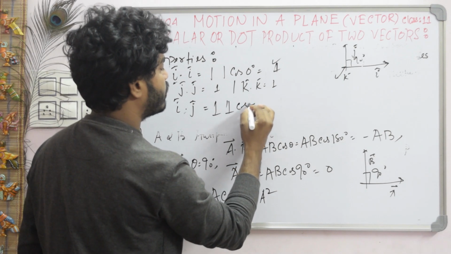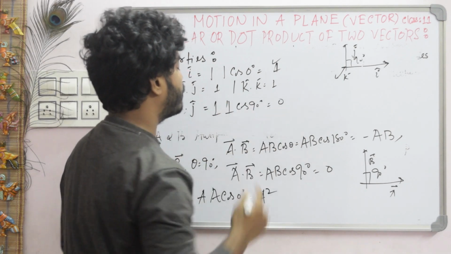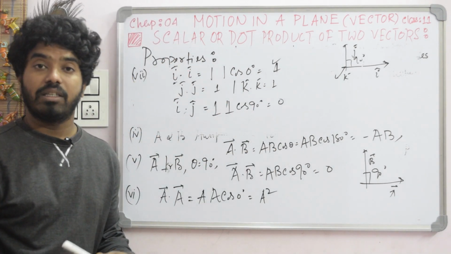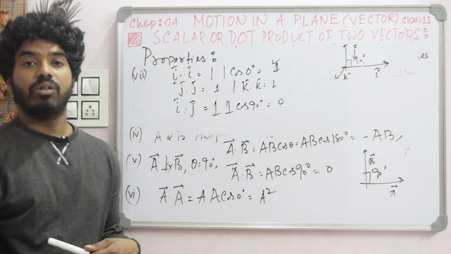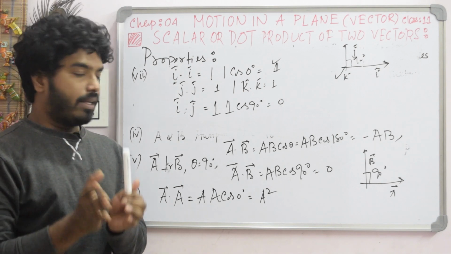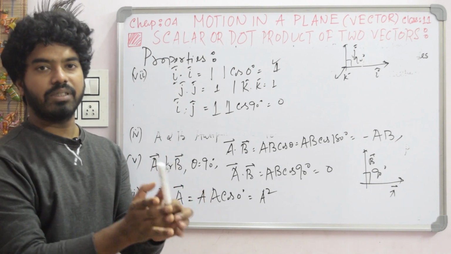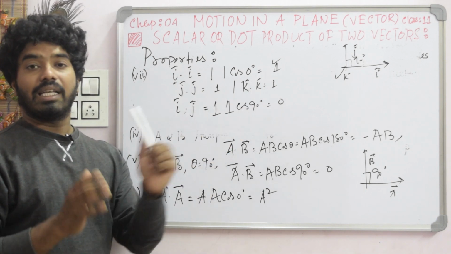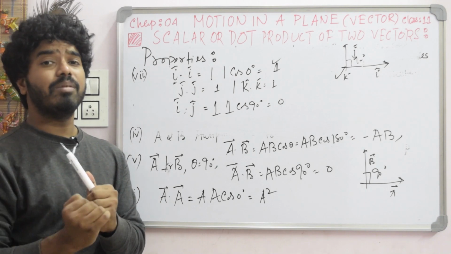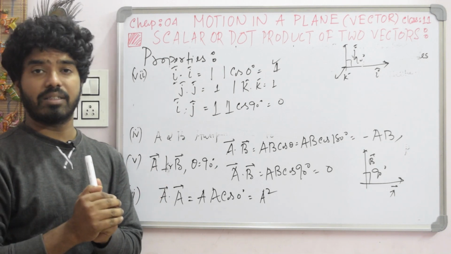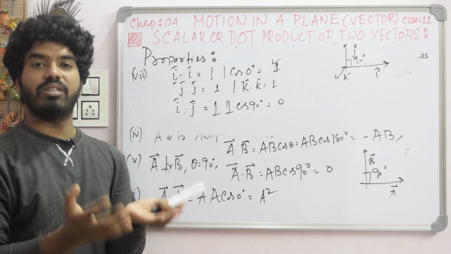So this one is cos 90, and the value of cos 90 is 0. So i dot j gives the result 0. That means, write down, the dot product of similar base vectors gives the value 1, and the dot product of two dissimilar base vectors or unit vectors always gives 0.